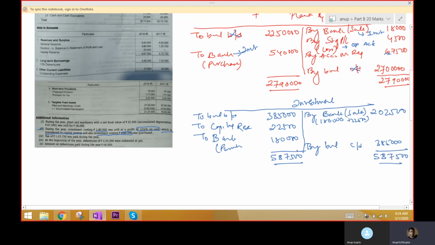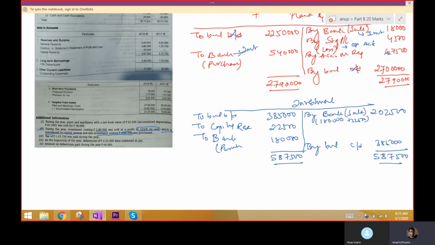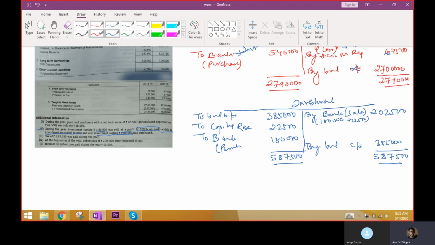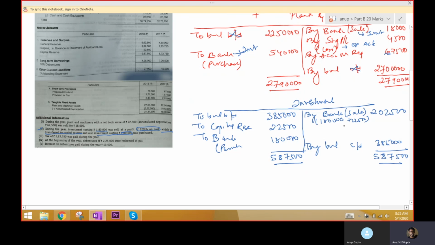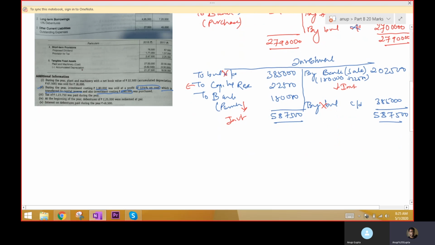Now let us see where the adjustments go. So this will go in the investing activity because it is the sale of asset. Opening and closing balances are of no use. Capital reserve will go in the capital reserve in the balance sheet, and this will go in the investing activity, purchase, outflow of cash. Okay, done.